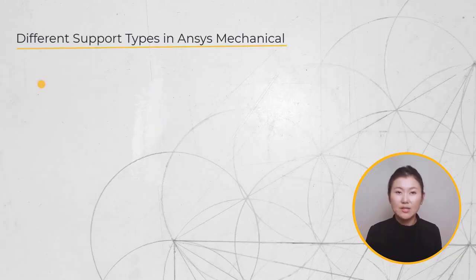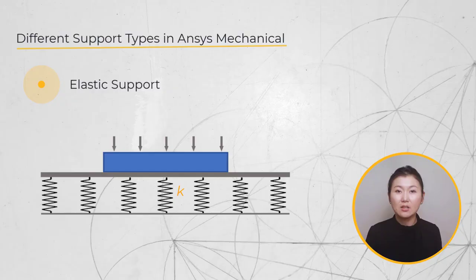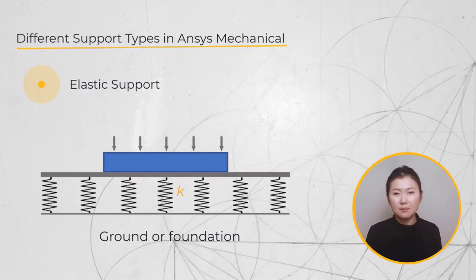After the compression-only support, let us talk about the elastic support. This support is useful to model the parts that are not rigid, but you can define a stiffness in the direction normal to the surface, such as a structure connected to a ground or foundation. When this support is applied to a surface, then the surface is free to slide in the tangential direction.